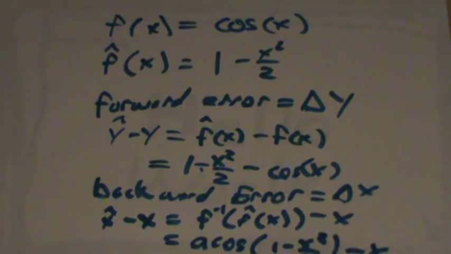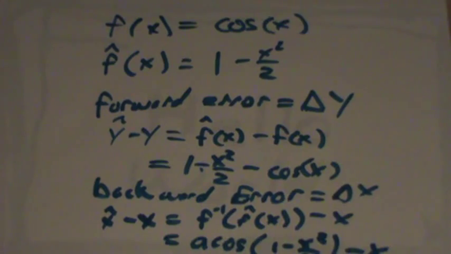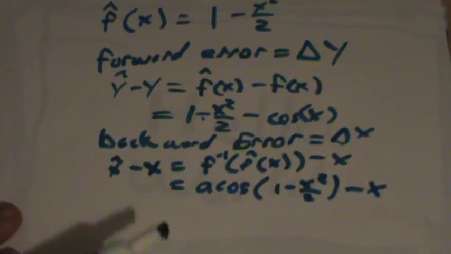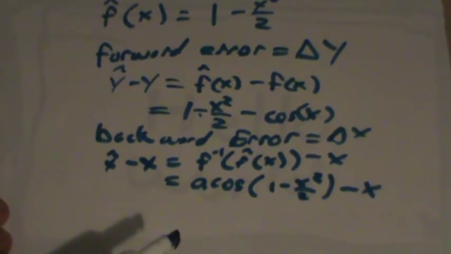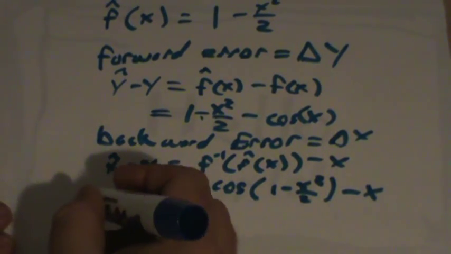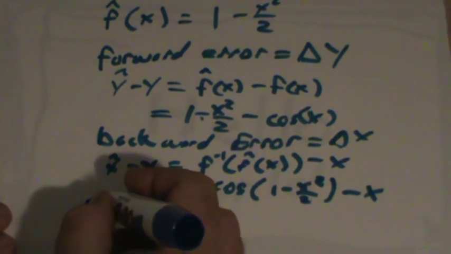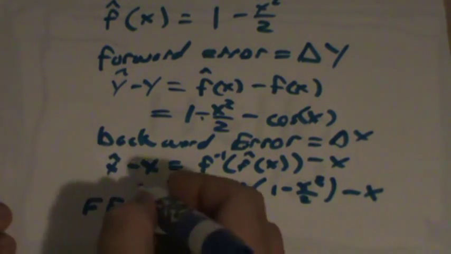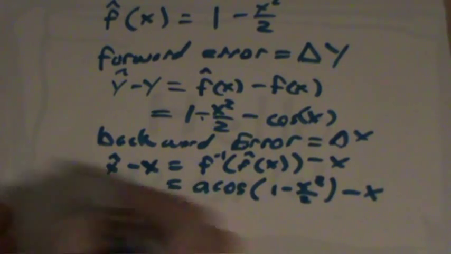Now we can stick some numeric values in. Really, once I've got these equations, when I ask you to calculate something on this, it's just a plug and chug issue. Just as an example of that, let's take a look at the forward error. I'll put FE, and we'll assume that x equals 1.